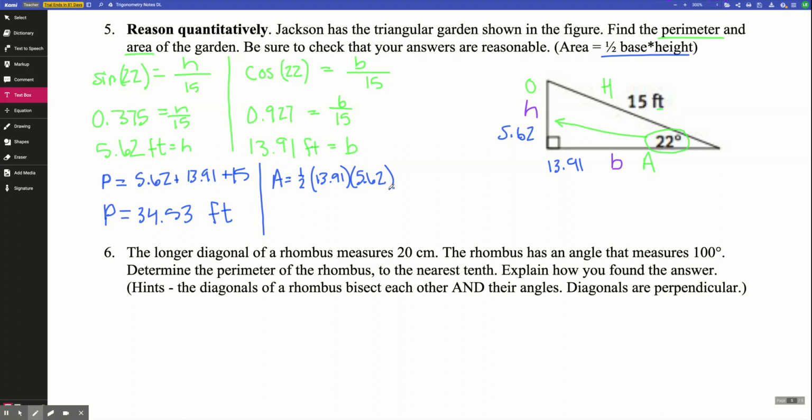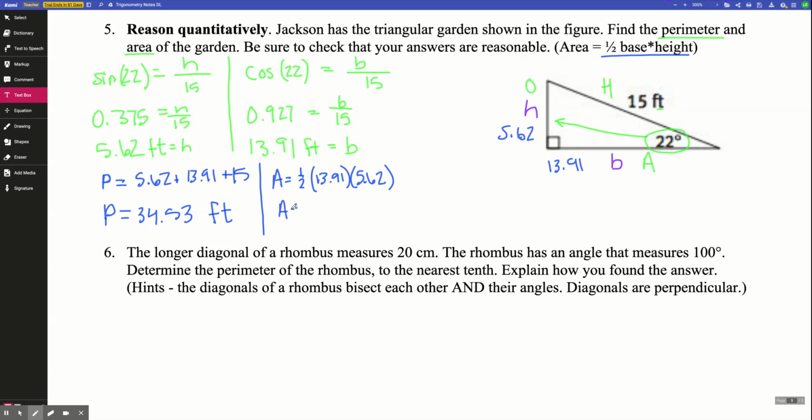Okay, so what I'm going to do in my calculator is 13.91 times 5.62, and then whatever number I get, I'm going to cut that number in half. So you can say divide by 2, or you can say multiply by 1/2, or multiply times 0.5.